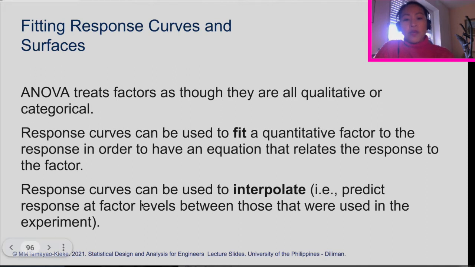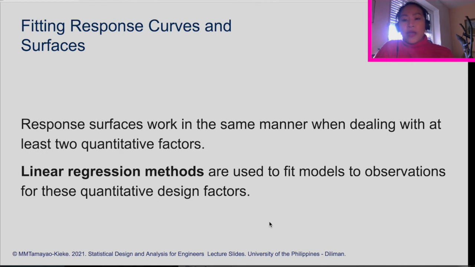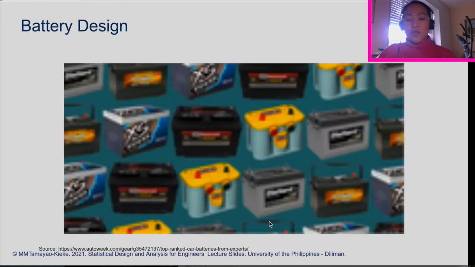And response curves can be used to interpolate, that is, predict the response at the factor levels between those that were used in the experiment. Response surfaces work in the same manner when dealing with at least two quantitative factors. And linear regression methods are used to fit models for these quantitative design factors.